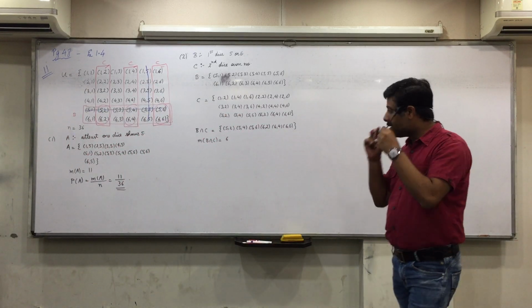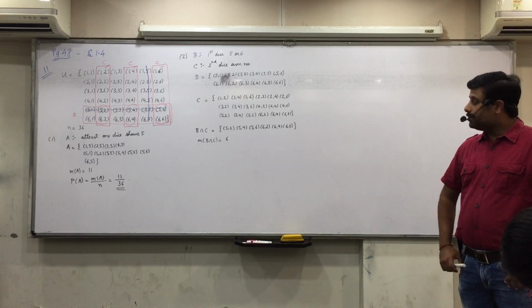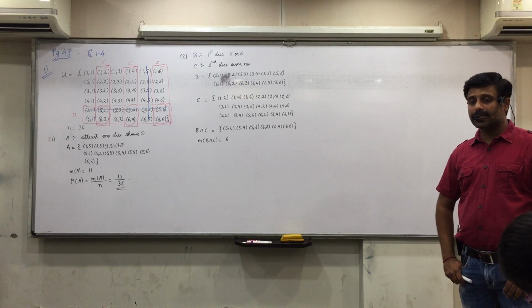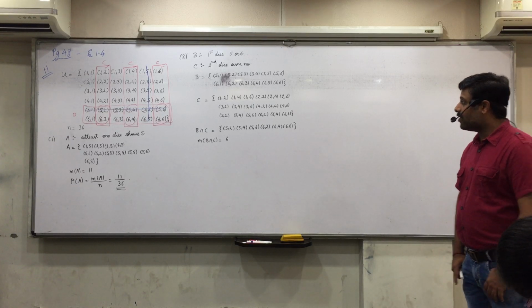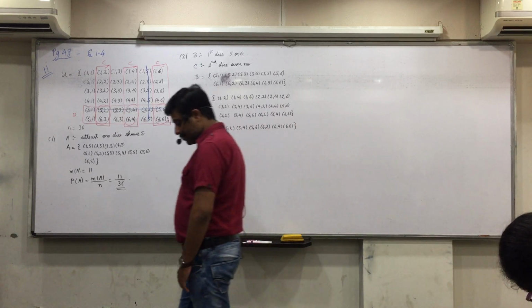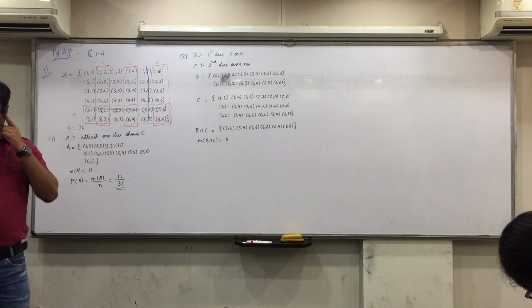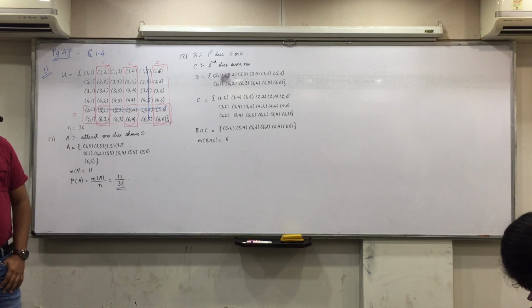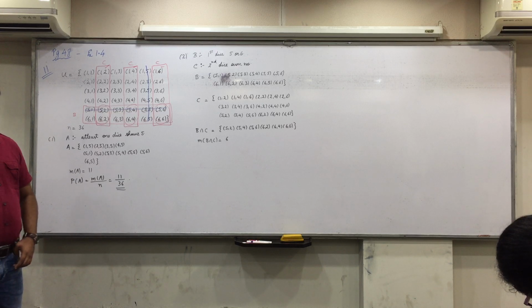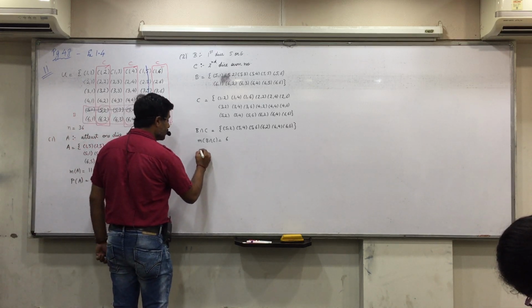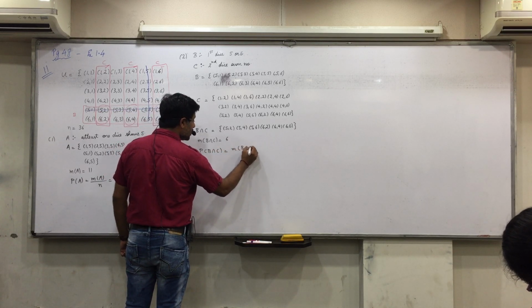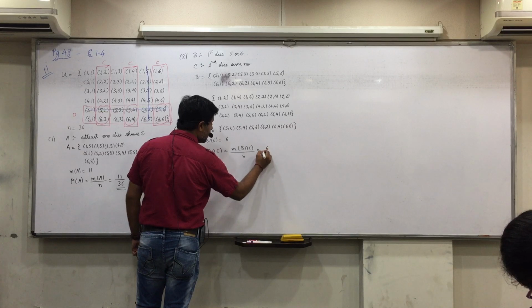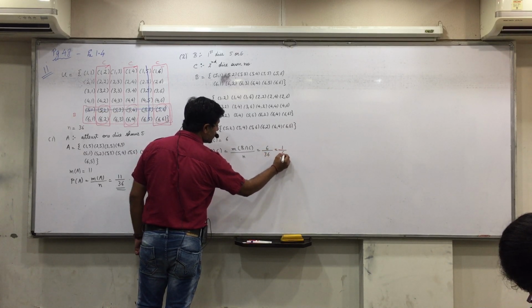Thus, the probability that the first dice shows 5 or 6 and the second dice shows an even number equals P of B intersection C, n of B intersection C upon N, 6 by 36, 1 by 6.